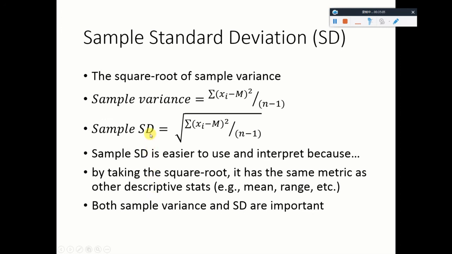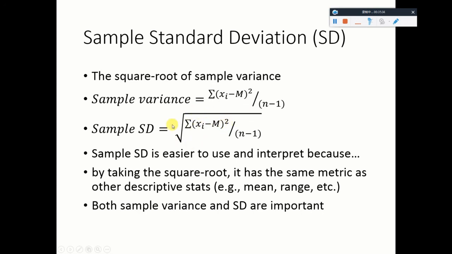We need the sample SD because, you see here, sample variance is based on a sum of squares. Whenever you square something, that makes the values very large, and it's very difficult to interpret. So one way to reduce this variance back to the original metric is to take the square root, because we squared here.